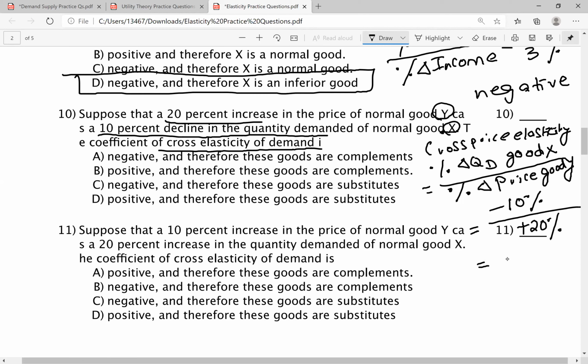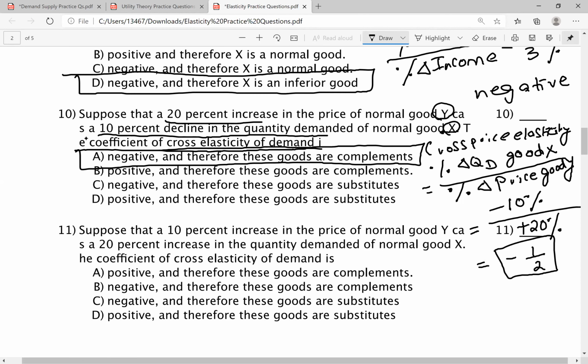So my result is negative half. I have a negative value here. A negative value means the goods in question are complements. So the goods are complements here. That's the answer to this question.